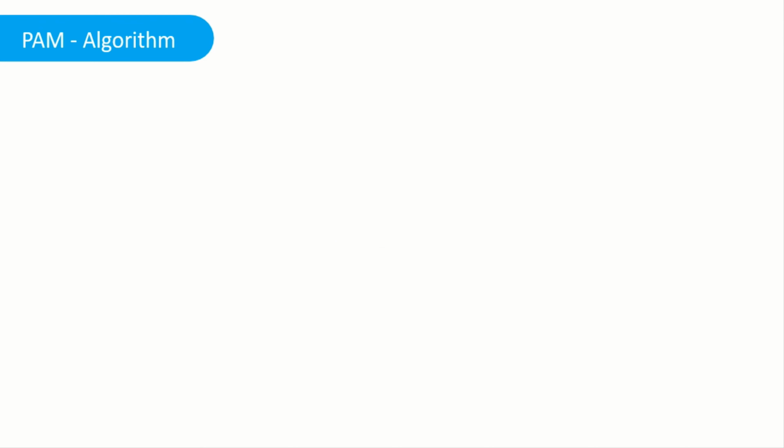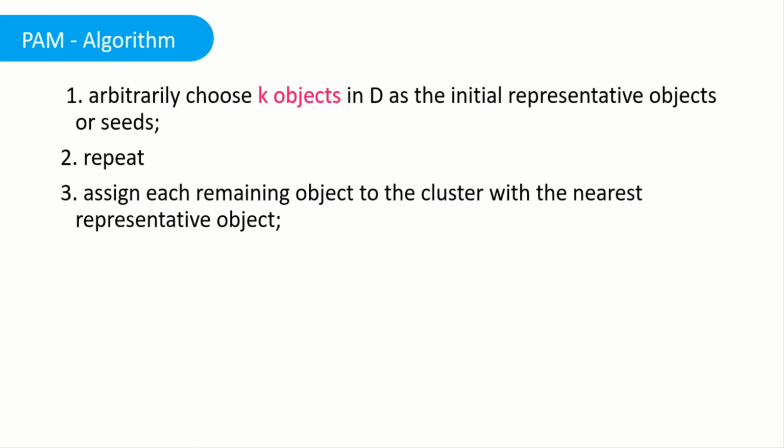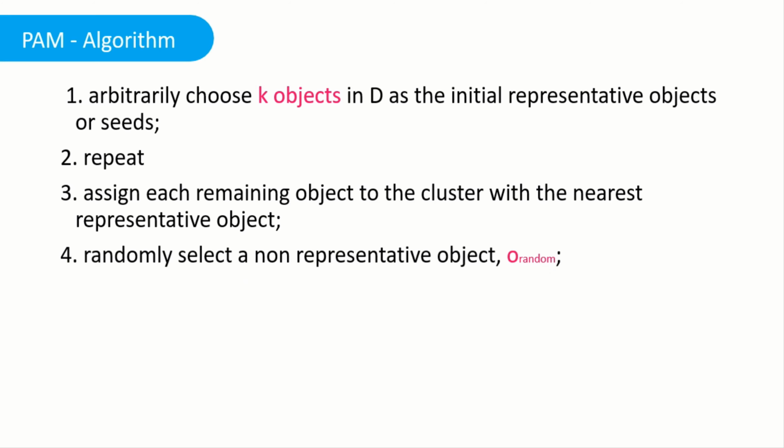And now let us look at the algorithm behind partitioning around medoids. The very first step is to arbitrarily choose k objects in D as the initial representative objects or seeds. Then repeat the following steps: assign each remaining object to the cluster with the nearest representative object. The next step is to randomly select a non-representative object, let's call it O random.